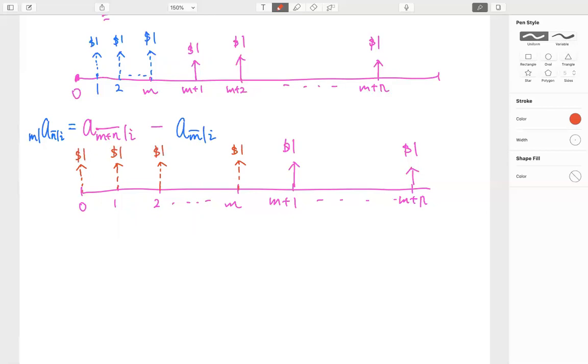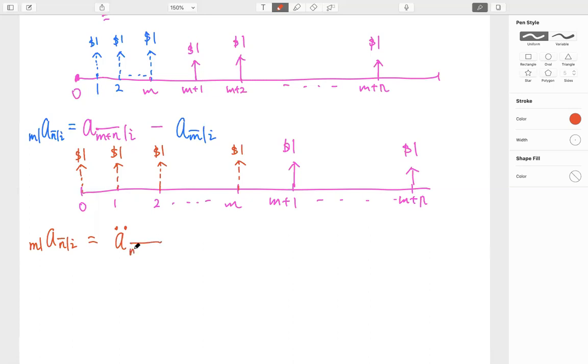Okay, so still I'm looking for the deferred annuity immediate. So now if I add both brown and pink, what do I have? I have annuity due. Okay, put double dots, is a due. How many payments? The first one is made at 0, second one is 1, third one is 2, all the way to n plus n.